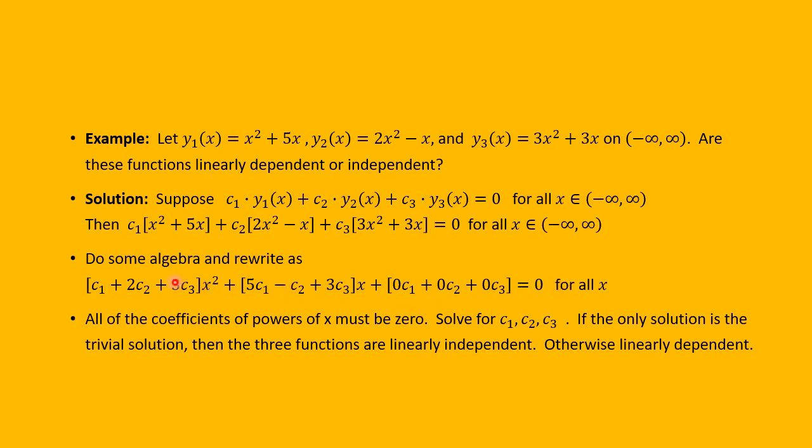So what we know is if we have a polynomial that's 0 for all x, the coefficient of x squared in this one has to be 0, the coefficient of x has to be 0, and this constant term has to be 0. So we set all three of these equal to 0, solve for c1, c2, c3. If the only solution is the trivial solution, that c1, c2, and c3 are all 0, then the three functions are linearly independent. Otherwise, they will be linearly dependent.